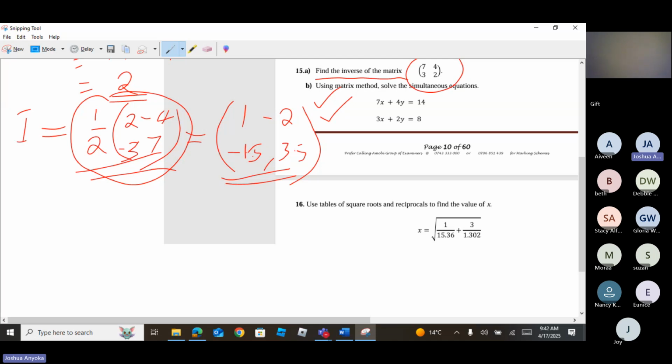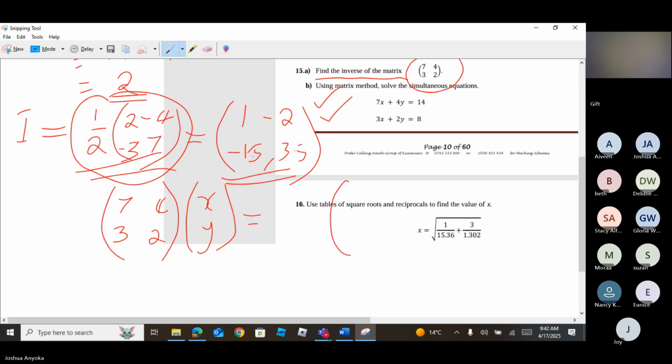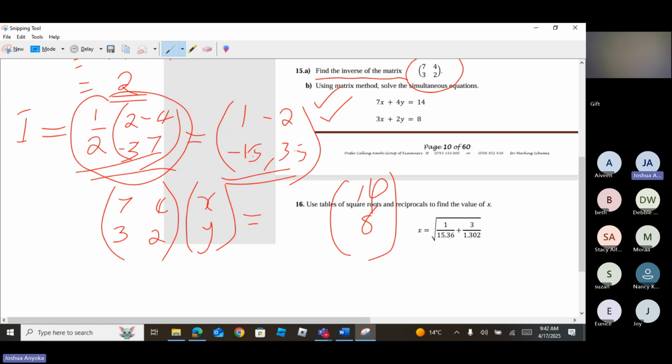So our equation will be 7, 4, 3, 2, times x, y, equals 14, 8. I've done it in a very strategic way so that I avoid so much writing. I skip some space here and another space here, so that I will now insert the inverse.